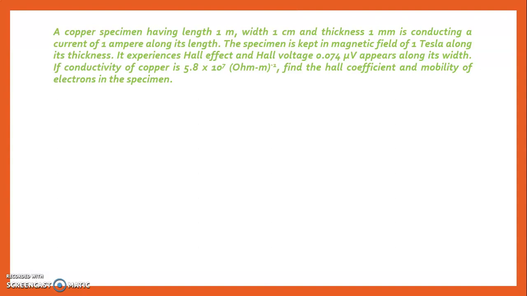See again in the numerical, the length is given, length is 1 meter, along that length the current passing is 1 ampere, then the width is 1 centimeter, and along the width a Hall voltage of 0.074 microvolt is generated.